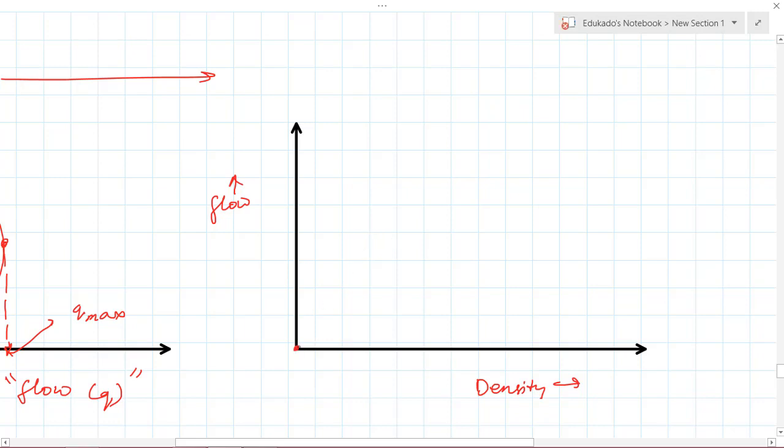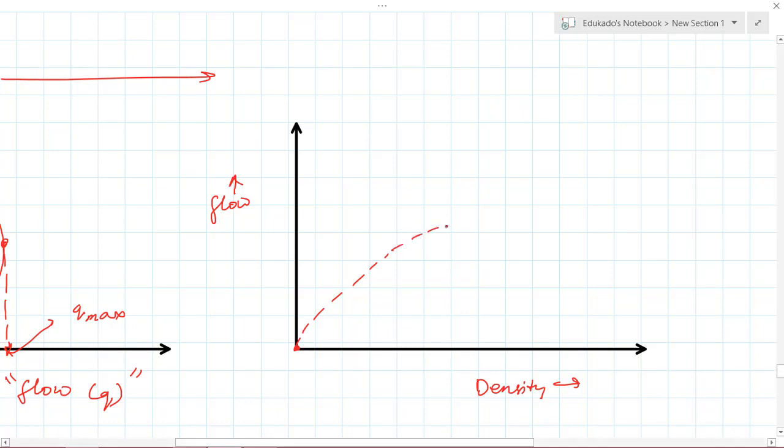So I get that point over here, and as the number of vehicles gradually increases, the density increases, and the flow increases as well. It will keep on increasing. Now when more and more vehicles are added, it reaches a situation where vehicles cannot move.